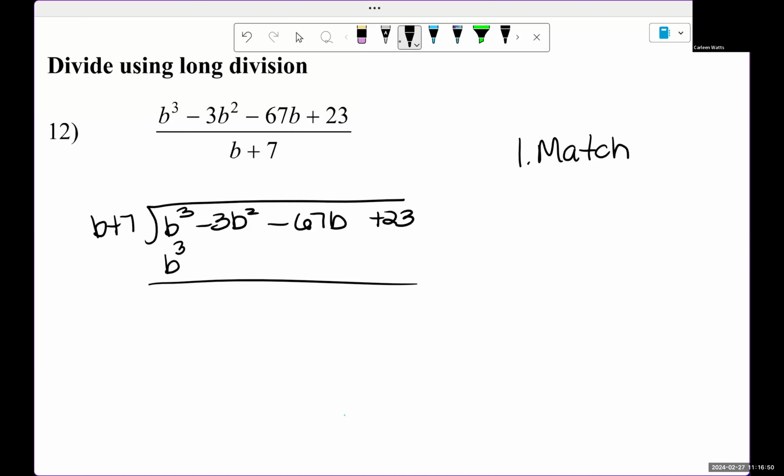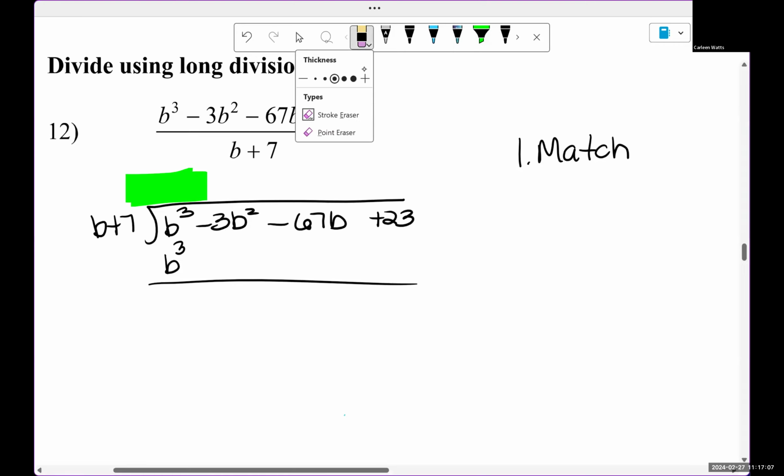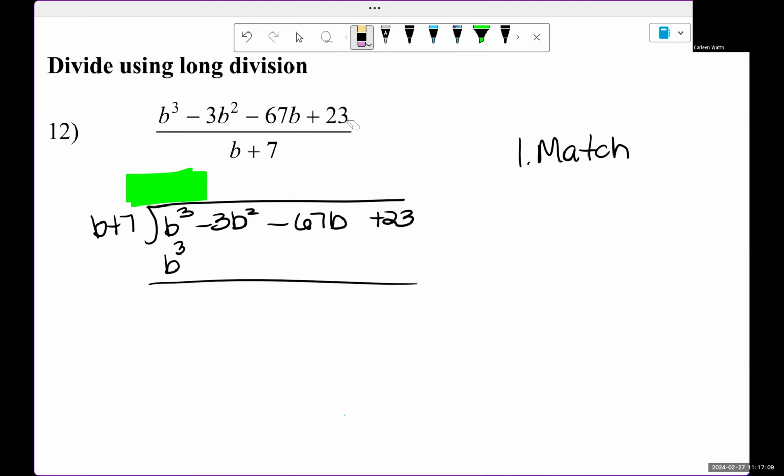Okay, so up here, what times b equals b cubed? B squared, right? B squared times b is b cubed.